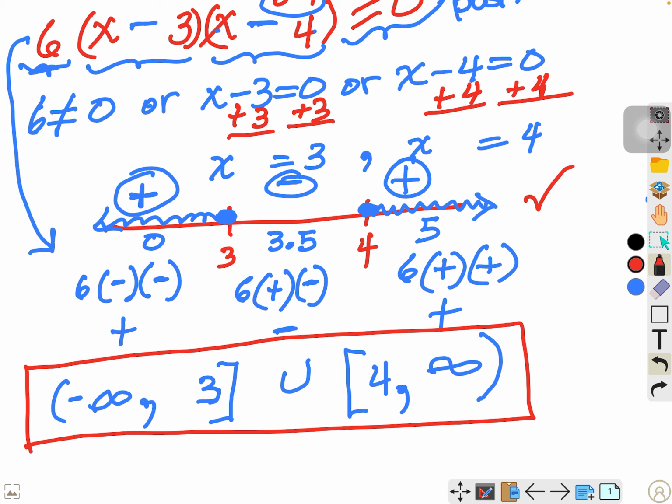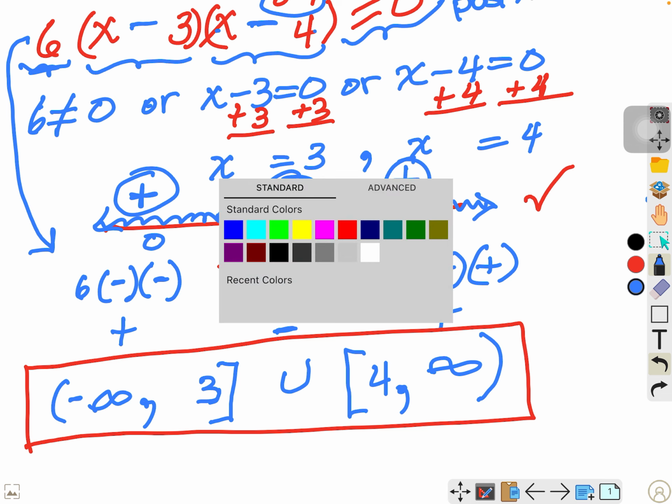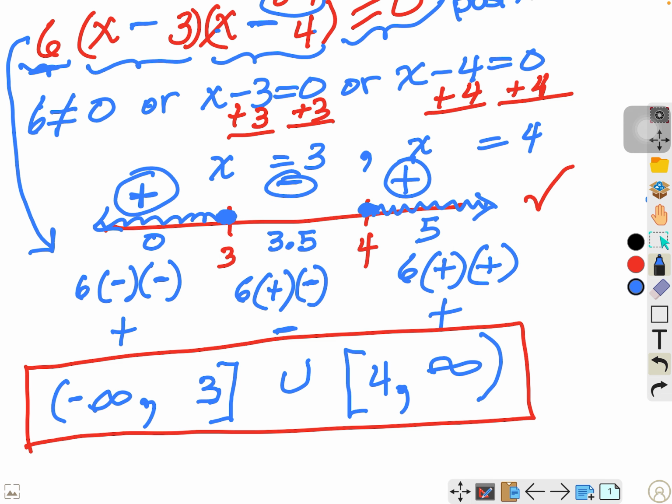And again, you may also use this notation for the graph.